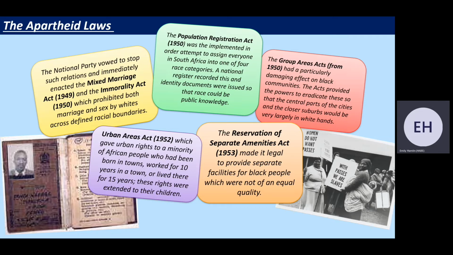We've got the Group Areas Act on the right-hand side here in the red box in 1950. Large black communities who lived near towns were pulled away from towns and made to live in urban areas, literally stripped of their homes. The Reservation of Separate Amenities Act in the orange box made it legal to provide separate facilities for black people, which were not of an equal quality by any means.